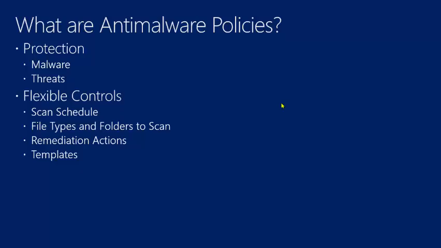And endpoint protection is certainly antivirus and a bit more. So I'm assuming that knowledge in this case, and moving directly into the discussion of how to manage the anti-malware component of endpoint protection with Configuration Manager.